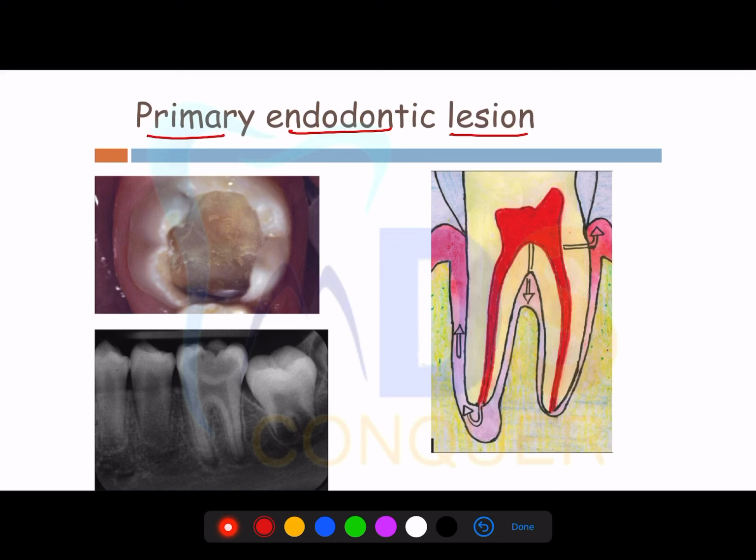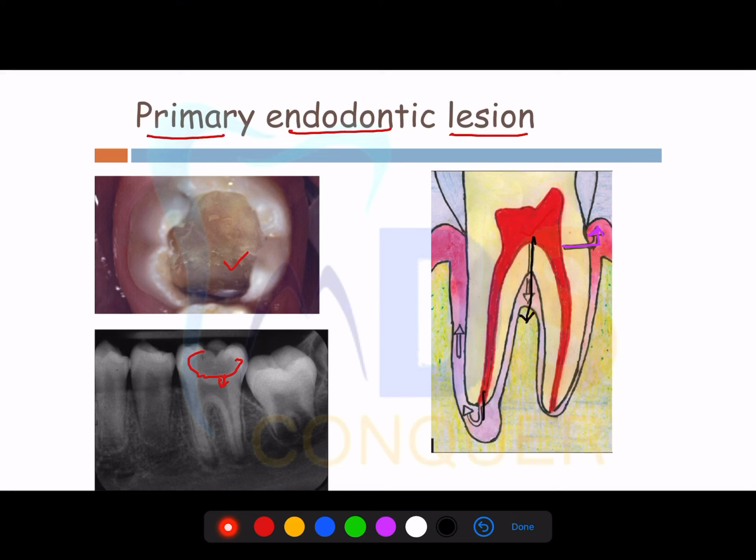A primary endodontic lesion can be a deep caries. You can see in this radiograph a caries approaching the pulp, and there is pulpitis; the pulp is inflamed. From the pulp, what are the chances? One communication is through the dentinal tubules. The second can be through the furcal canals.